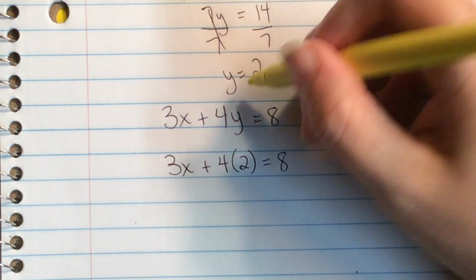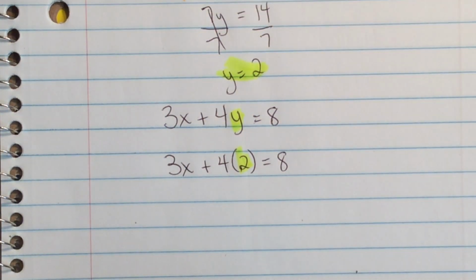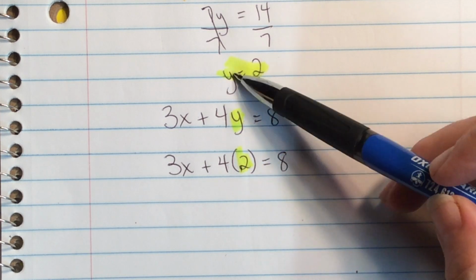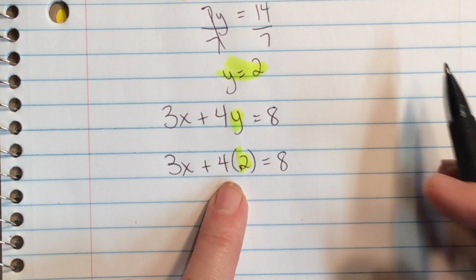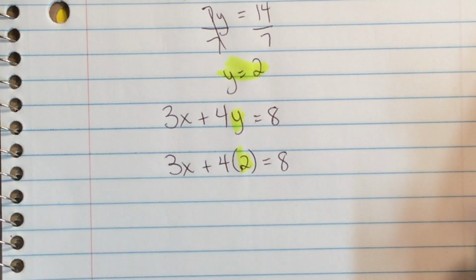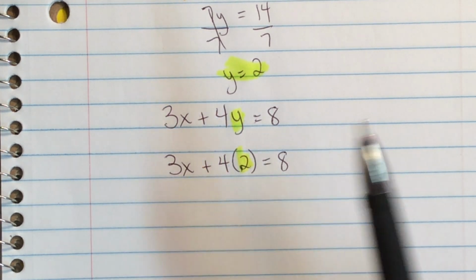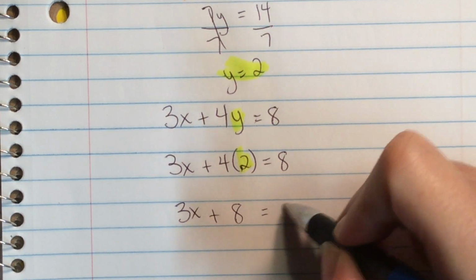And again, what I've done is, because y equals 2, I can just take the y out here and put a 2 in its place because they're equal. But it's not 42. Sometimes kids will say, well, it's 4 2, so it's 42. That's not true. It's 4 times 2 because 4y is 4 times y. So I really get 3x plus 8 equals 8.